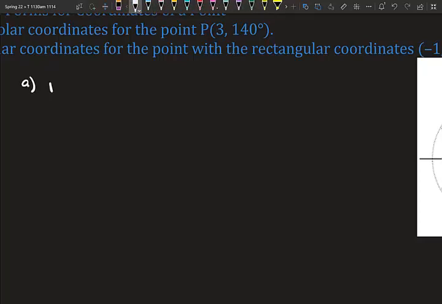Part A. So we have 140. To find all of our values, we're going to add 180, subtract 180, add 360, subtract 360. We're going to do every possible combination of the unit circle applied to this. So our point is 140. Write it 4 times.